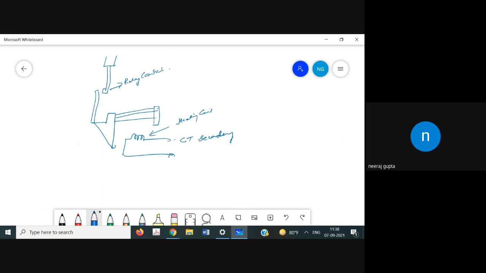Then you have a structure, you have used a spring. And this is going to the trip circuit.